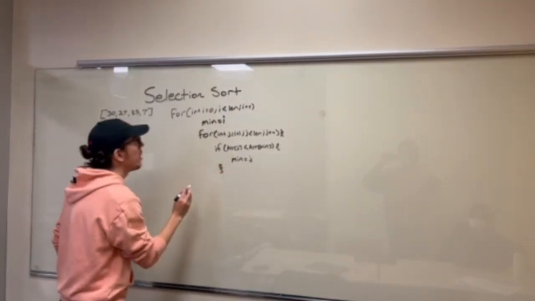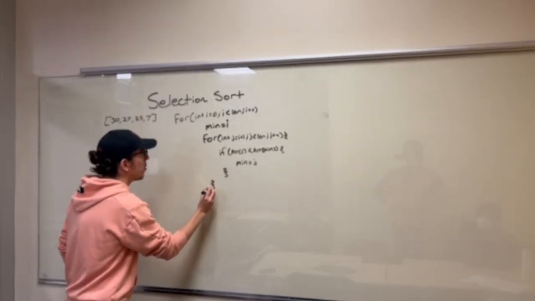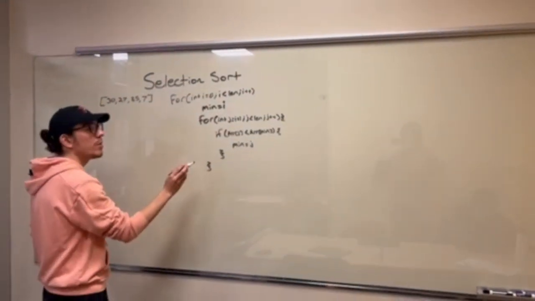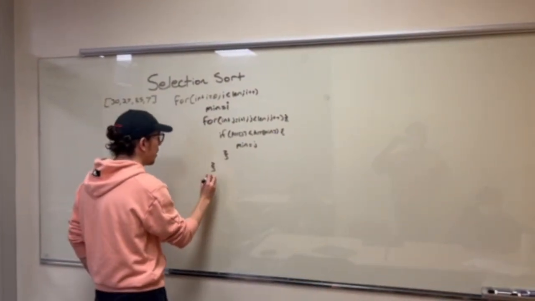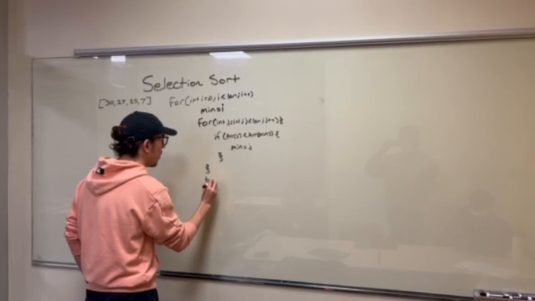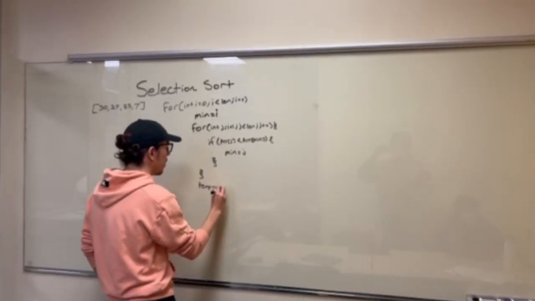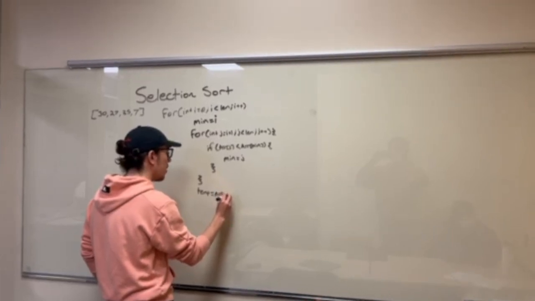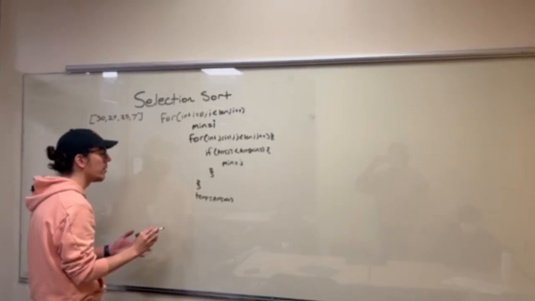So after that, it will just go back to the original for loop, and if minimum has changed, it doesn't really matter here. It's just going to do the same thing every time. So it's going to make a temporary variable that is going to house the array at the minimum value's index. So it'll hold that value there.